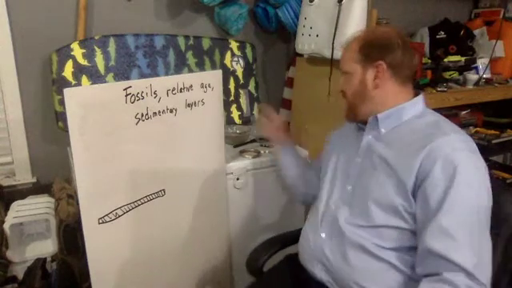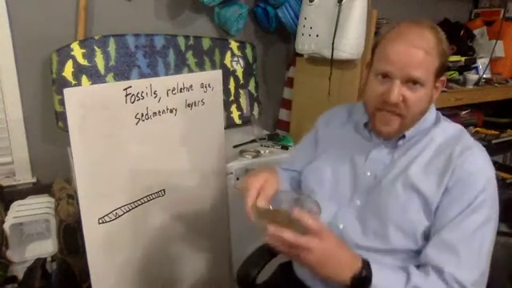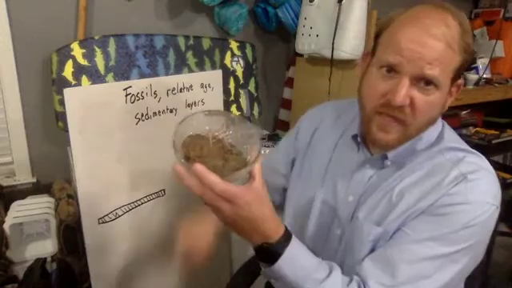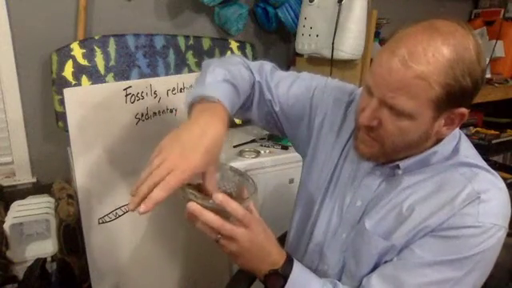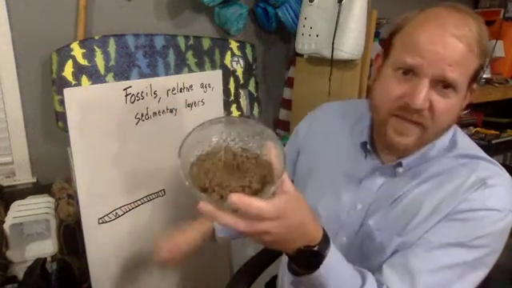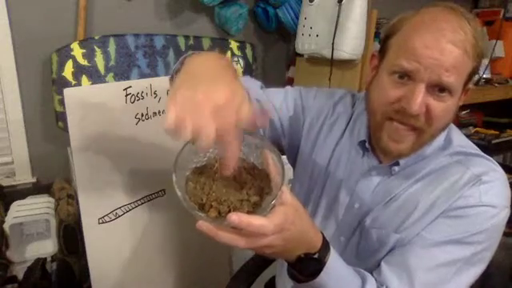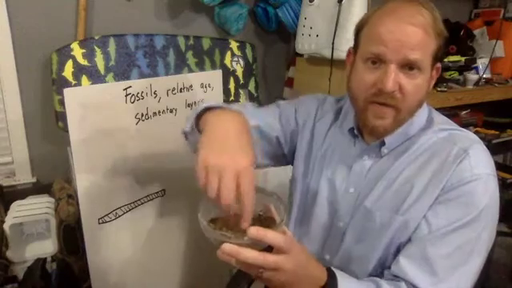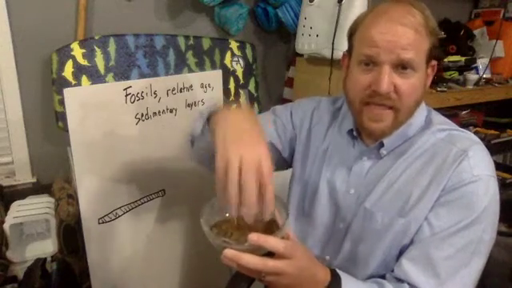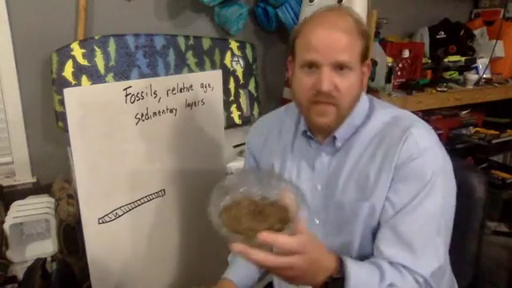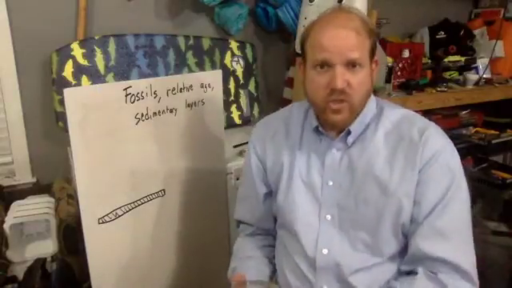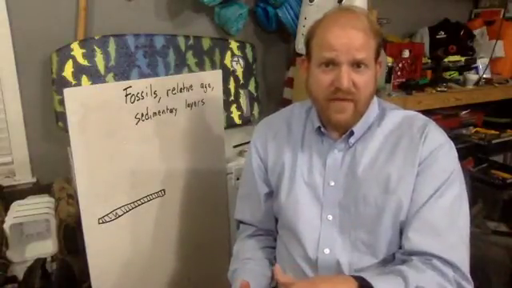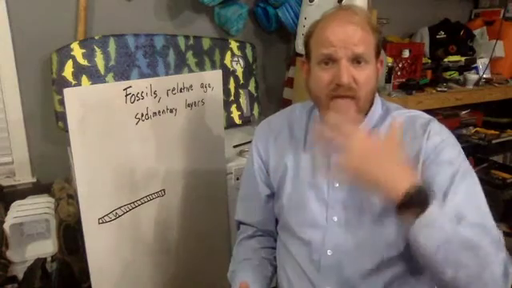Now, a trace fossil, on the other hand, is something that's left behind. So if I have this bowl of dirt, a trace fossil might be, it's kind of hard to see that, but I left a big indent with my thumb, and that would become a trace fossil because now I have left a mark that yes, something was here, some organism was here. So those are trace fossils. Trace fossils have anything to do with something that's not of the body.